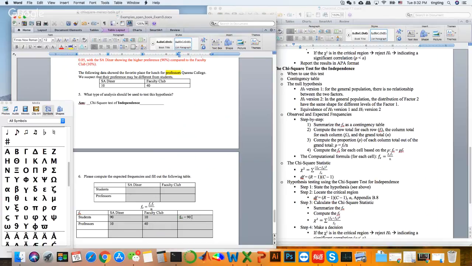Equals 90 plus 10, which is 100. 10 plus 40, which is 50. So this is row.